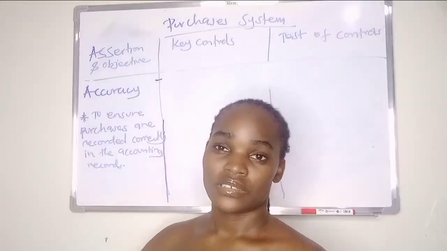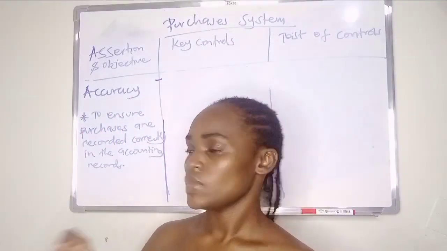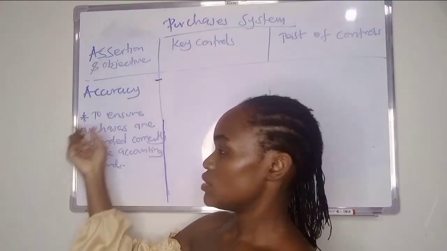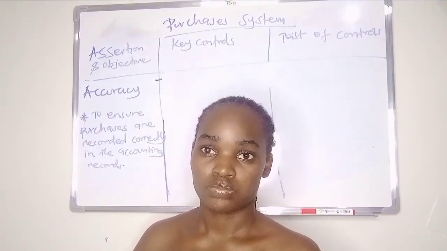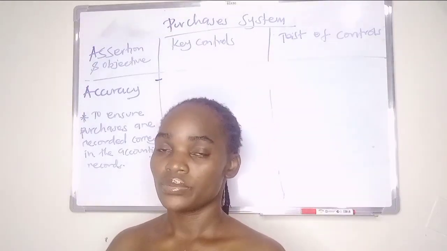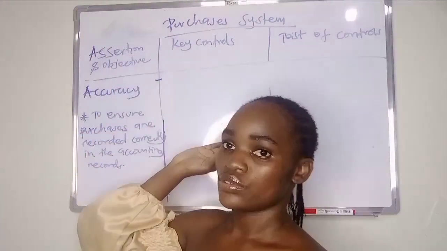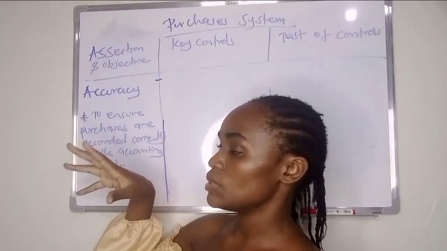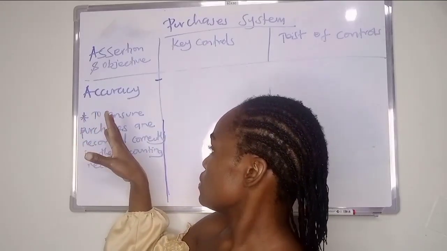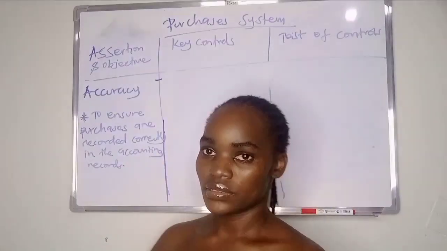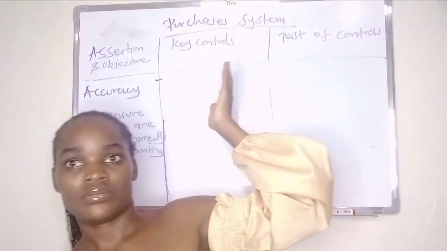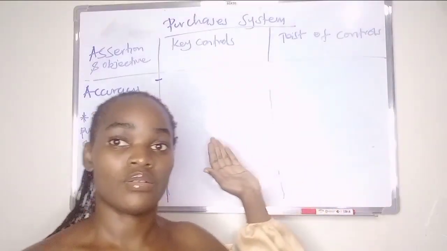But the objectives are just the same. You just remove this word and put the system that they have asked for. So the control here: how can management ensure that purchases are recorded correctly in the accounting period? So we come up with the controls.